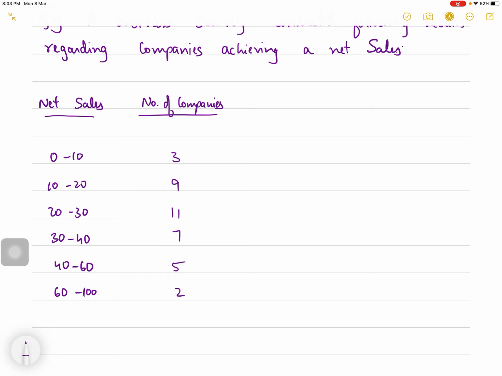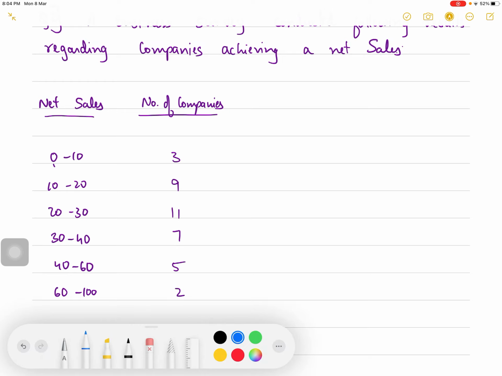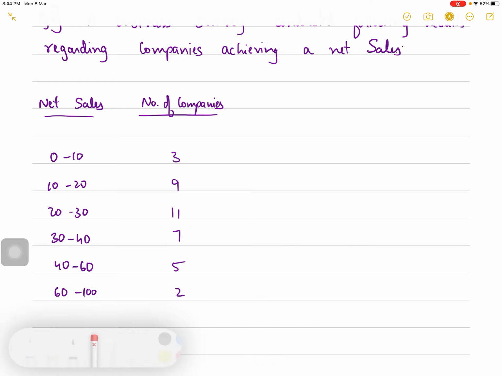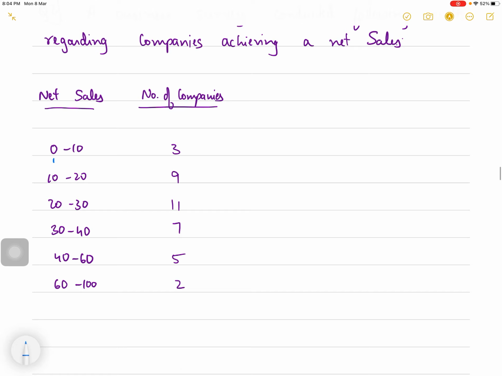Now, in this problem, if you see, the width of the class is not the same. Here the difference is 10, here the difference is 40, here it's 20. So the width of the class is not the same in all the cases.